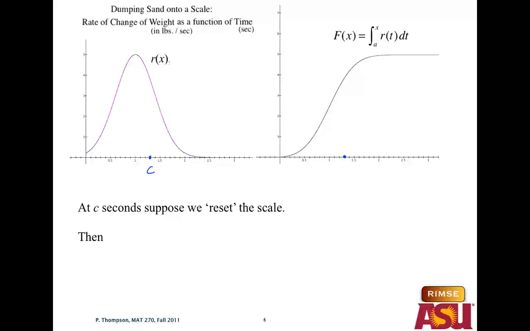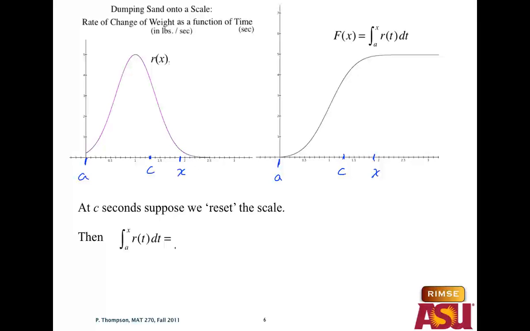C, and then x. So we're still accumulating, and a in this case is 0. Still accumulating, starting at a up to x, but along the way we do a reset on the scale.